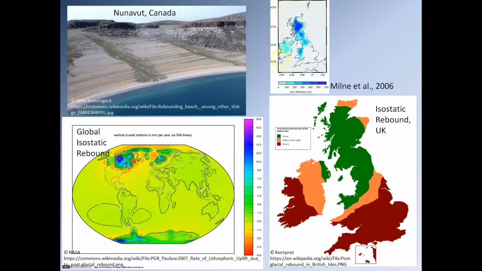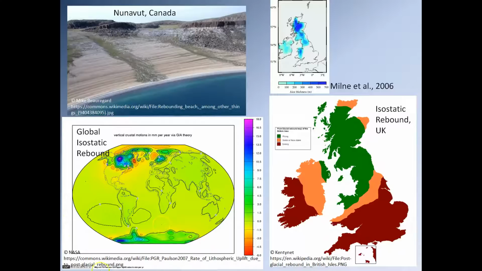This map shows you the rates of global isostatic rebound. The more orange or blue the area is, the more isostatic rebound it's experiencing. You can see areas like Canada, northern Greenland, Scandinavia, and very northern Asia, so essentially the islands north of Asia, are all experiencing quite high rates of isostatic rebound caused by the melting of the ice from the last ice age.